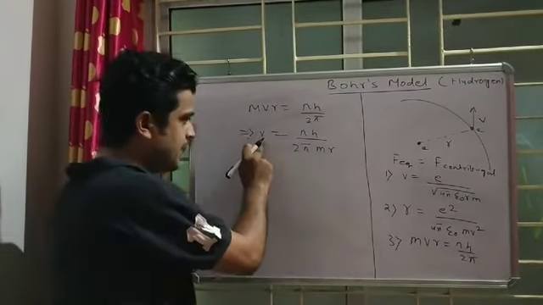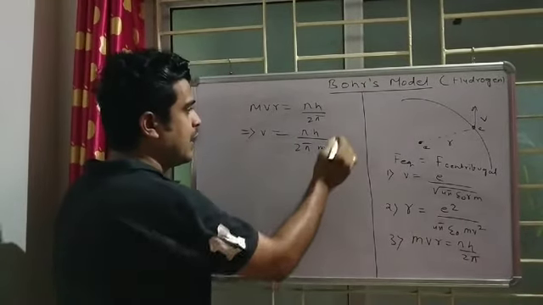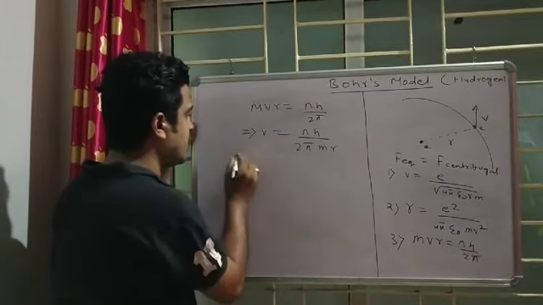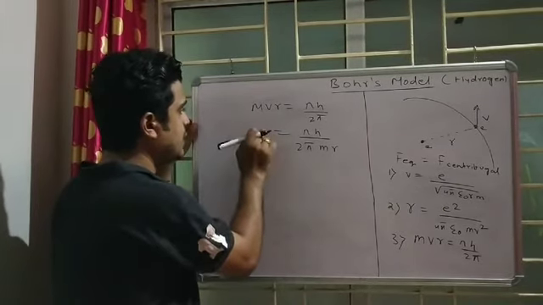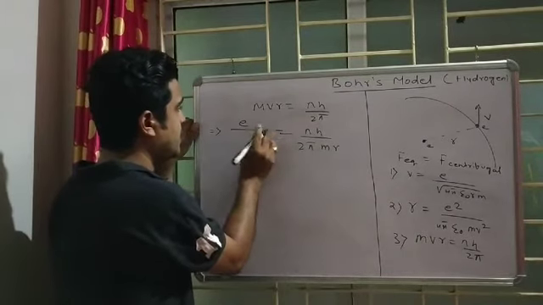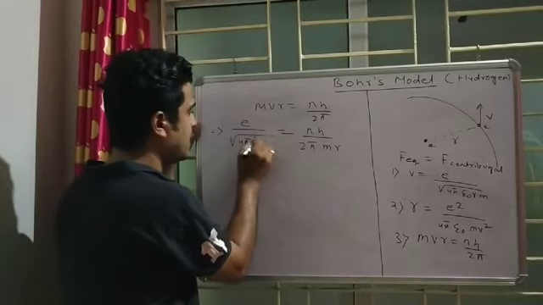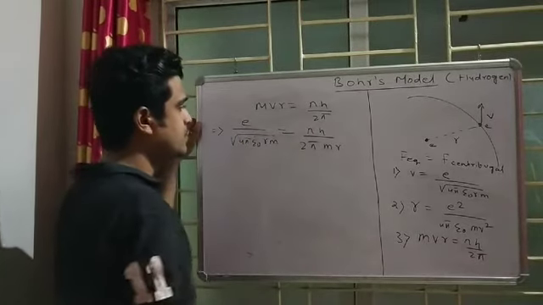In the place of v, if you put this v, you will get the expression of radius. So let's put the value of v. It is nothing but e upon root over of 4 pi epsilon 0 r m.